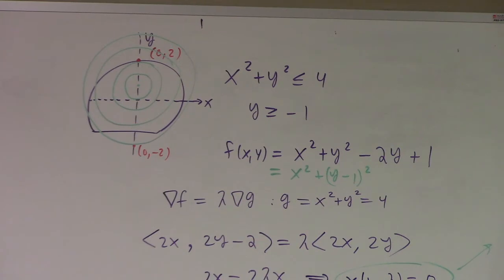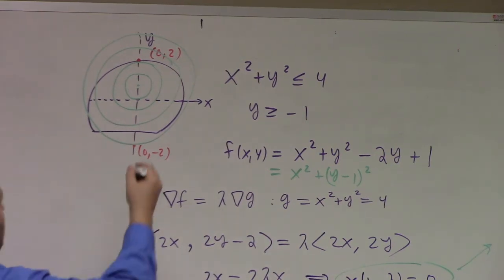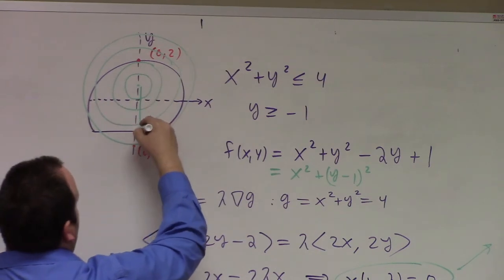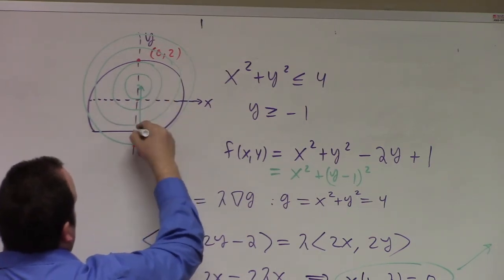Oh, the minimum is going to be at 0, 1. When you calculate the gradient being 0, you will get 0, 1, right? And the maximum is going to be right about here, I think.